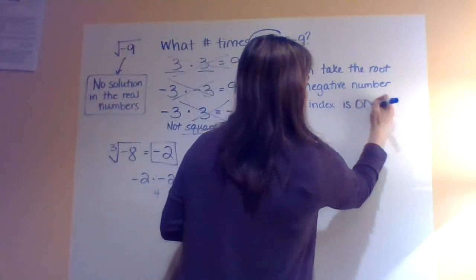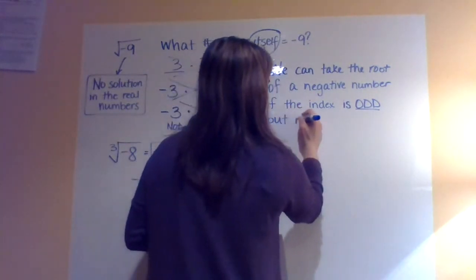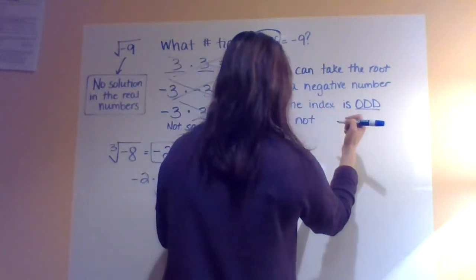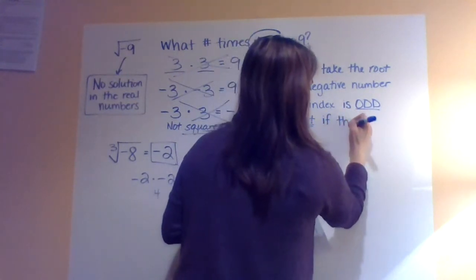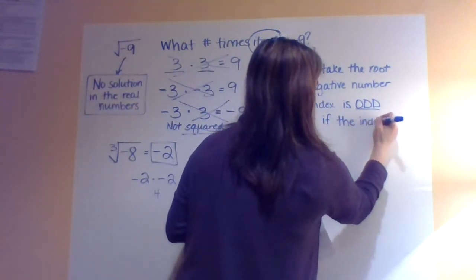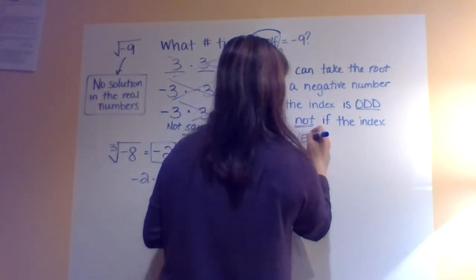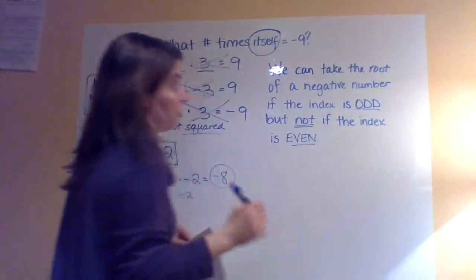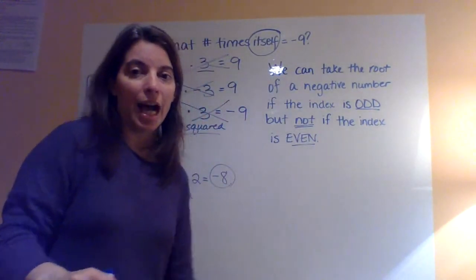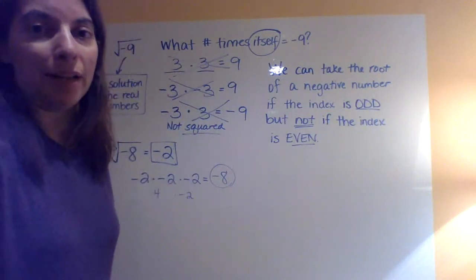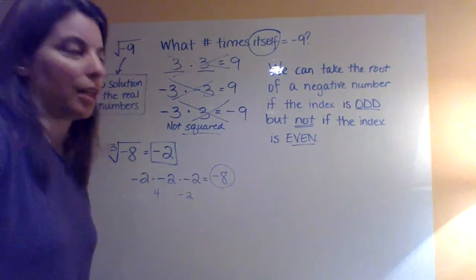If the index is odd, but not if the index is even. Okay, so we can take the root of a negative number if the index is odd, but not if the index is even. So what does that have to do with anything, odd and even?